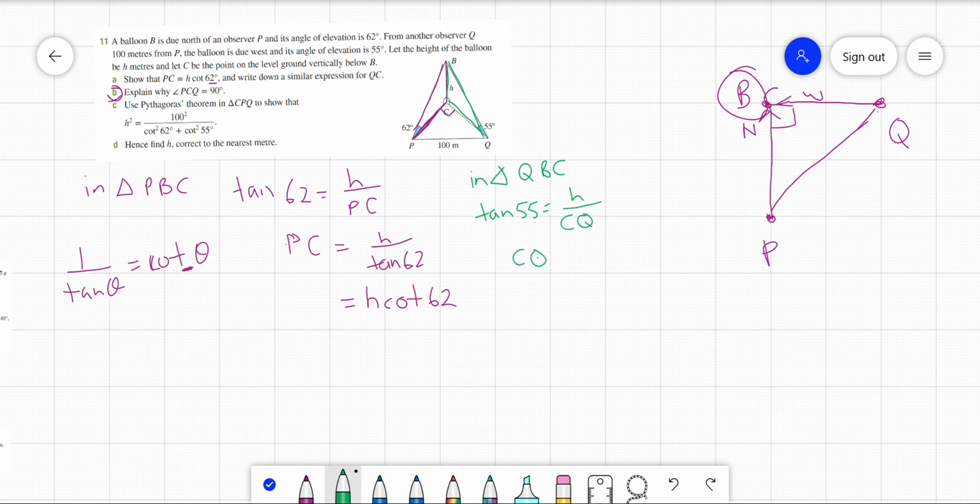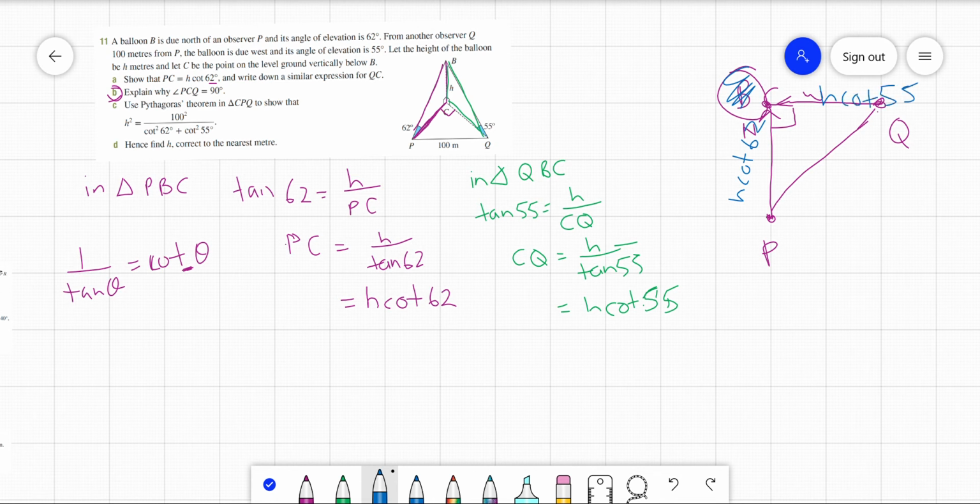And if I make side CQ the subject, again I've got H on tan 55, and so 1 on tan 55 is cot 55, so that's the same as H cot 55. So now if I go back to my triangle over here, which is PCQ, this side is H cot 62, and this side is H cot 55.